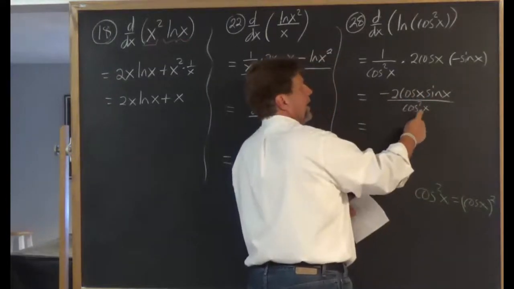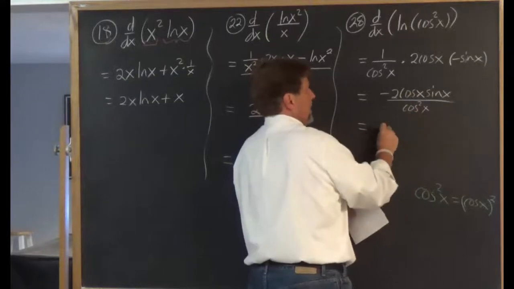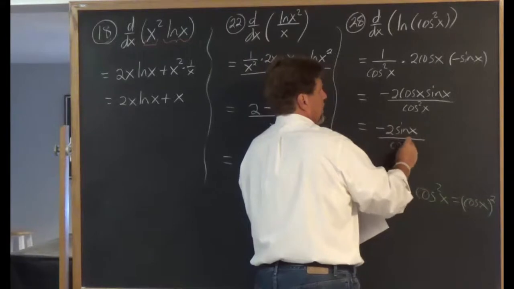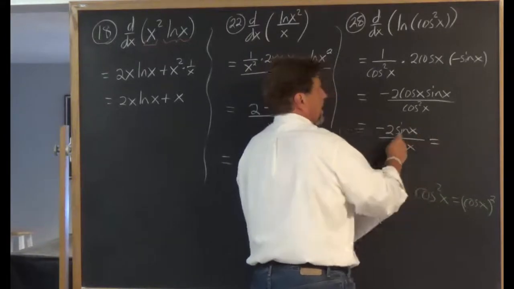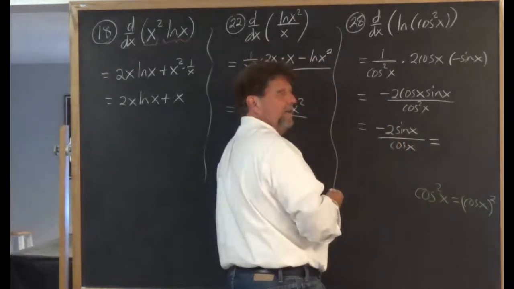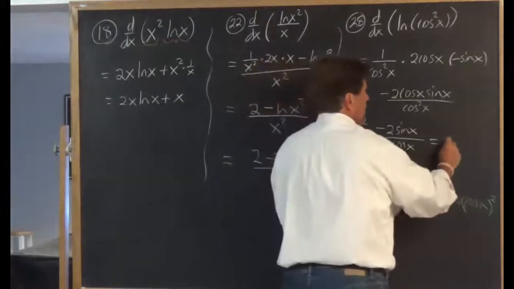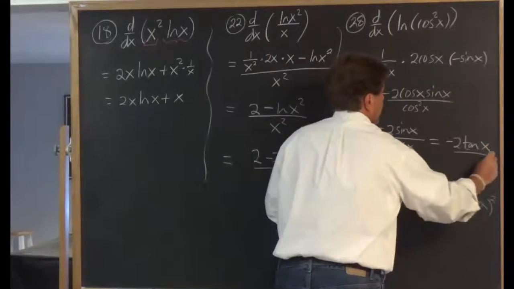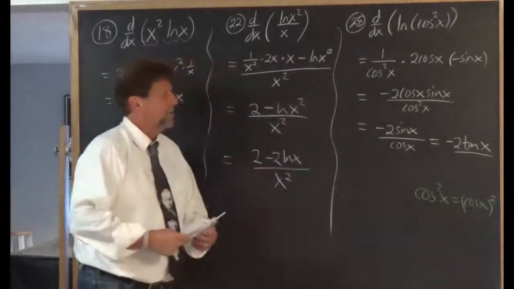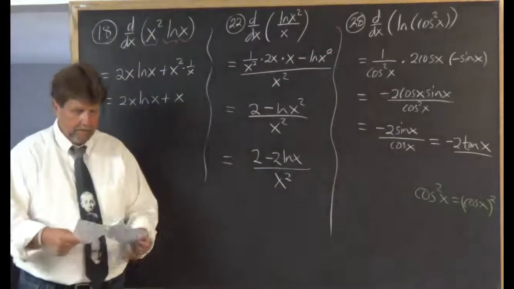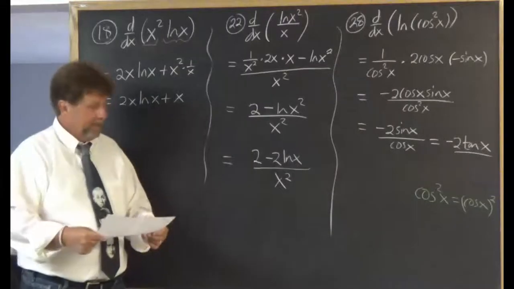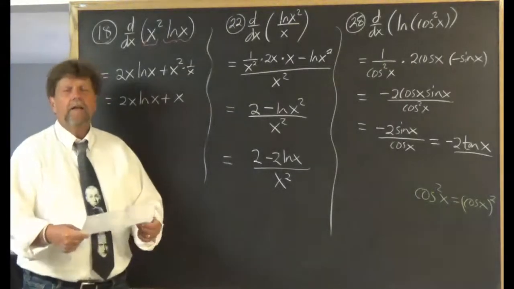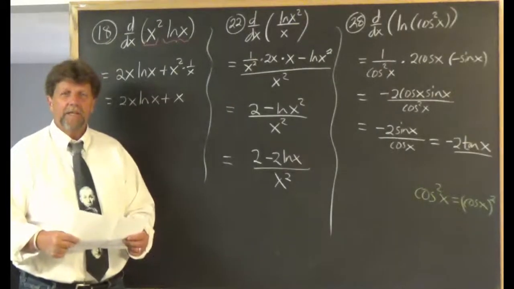And this cosine x would cancel out with one of those cosines, so we'd have negative 2 sine x over cosine x. And we know sine over cosine is tangent. And that's a good answer there. So, hopefully you're able to get these three, 18, 22, and 28. Let's head back to the slides and see what's next.